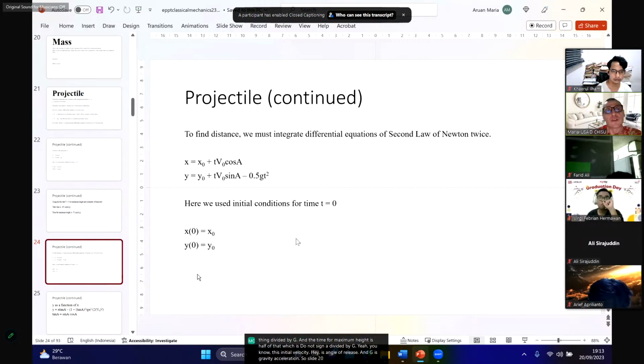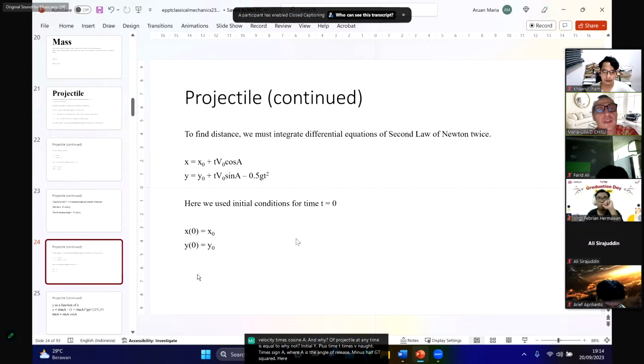Slide 24 repeats what we have done last week for the distance. So for the projectile at any time, x distance at any time is equal to x naught, initial distance, plus time times V naught, initial velocity, times cosine A. And y of the projectile at any time is equal to y naught, initial y, plus time t times V naught times sine A, where A is the angle of release, minus half g t squared.